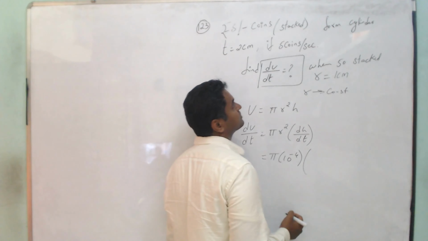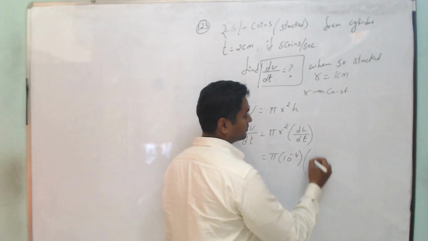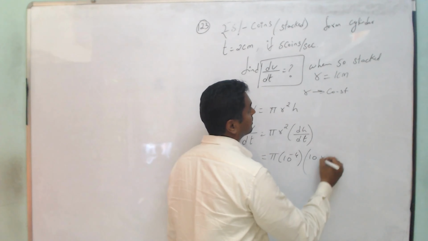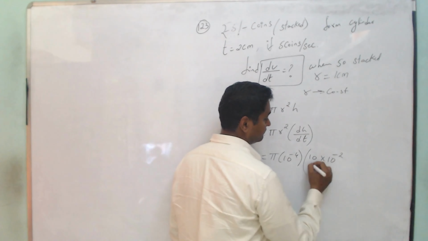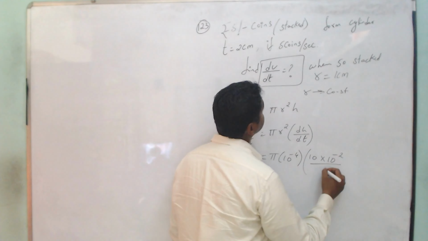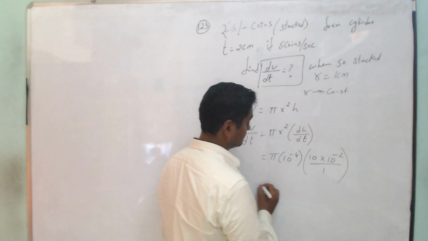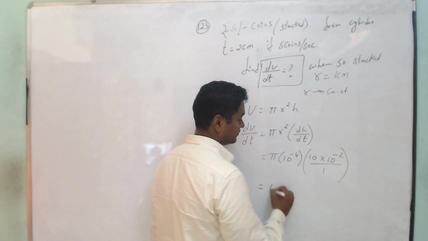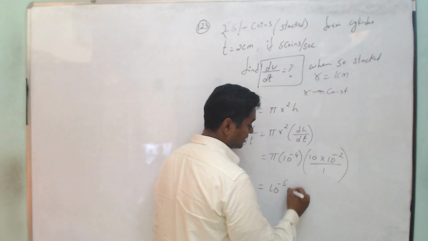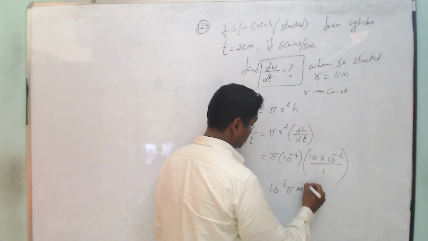dh by dt is what? 10 centimeters per second, right? Pi r square. So we have 10 to the power minus 5 pi meter cube per second.